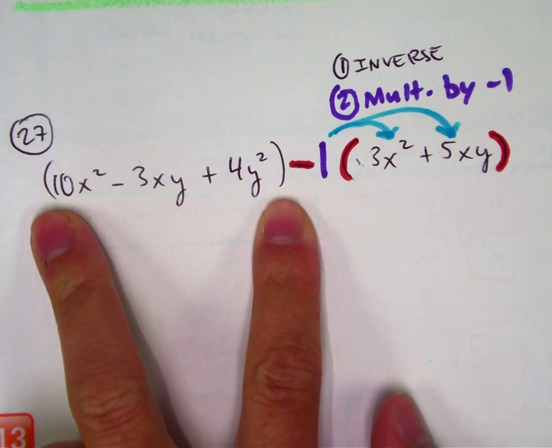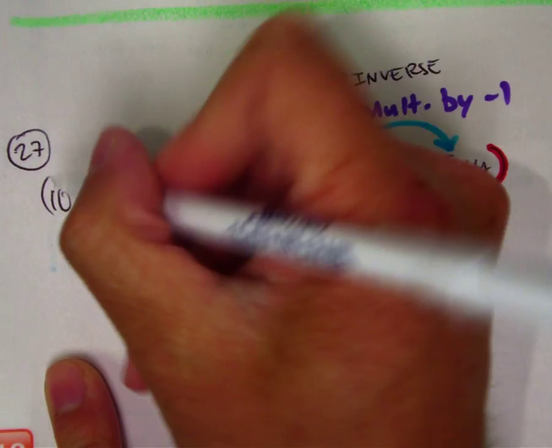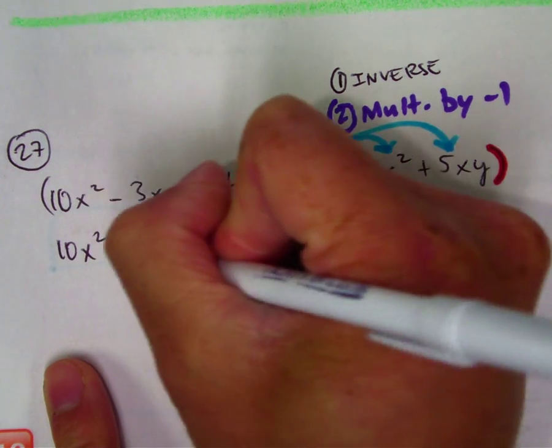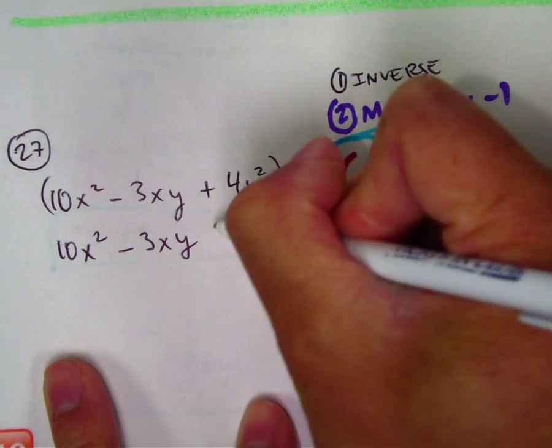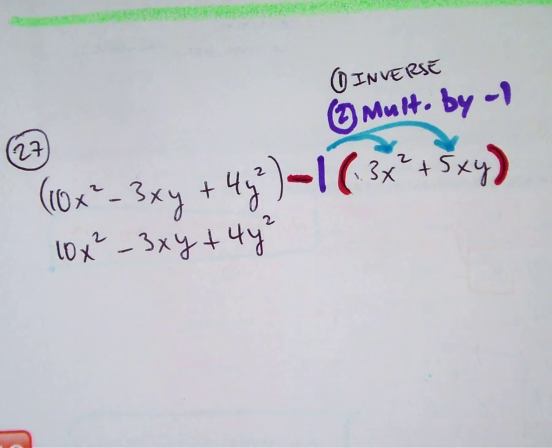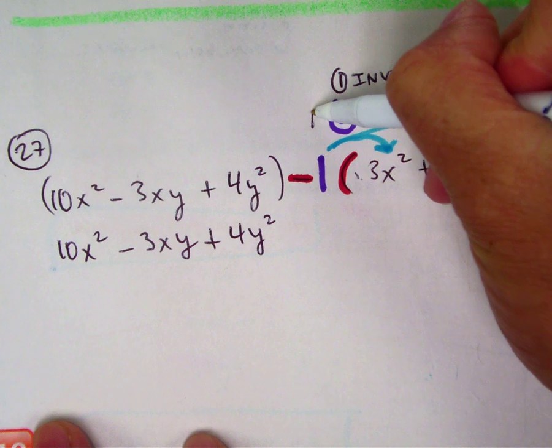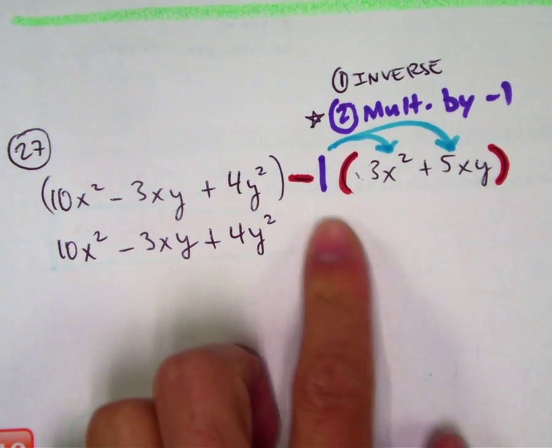So over here, I'm going to write all of this the same without parentheses, because the parentheses don't do anything. And now I'm going to multiply by negative 1. This is my preference of how you do the subtraction problems.